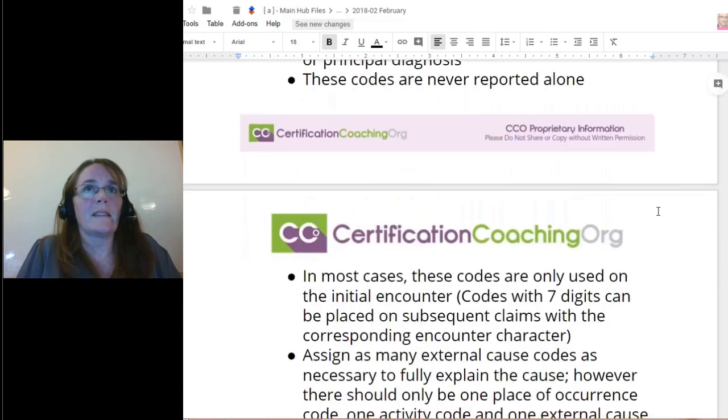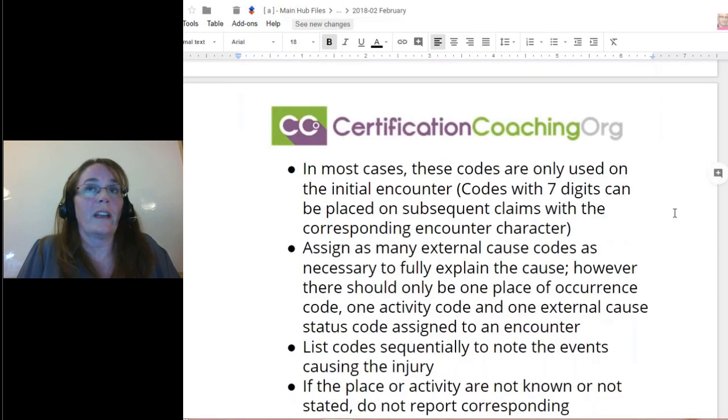In most cases, these codes are only used on the initial encounter, and that's the case for the 6-digit codes. The 7-digit codes have the corresponding encounter character of A, D, or S, so you can actually report them again on subsequent visits.